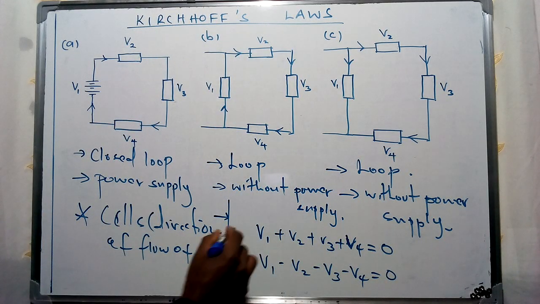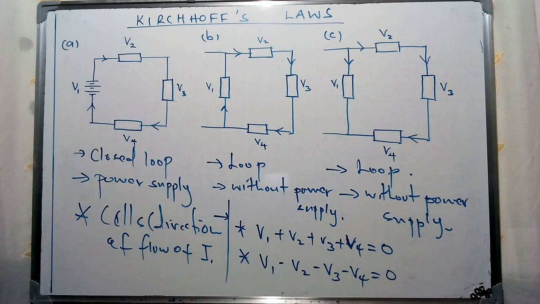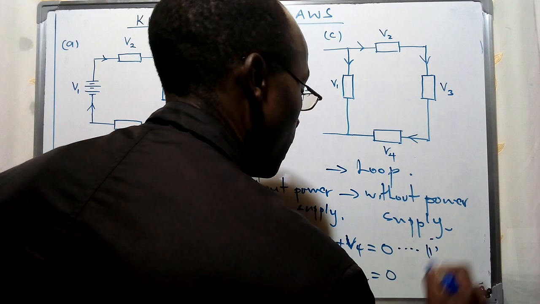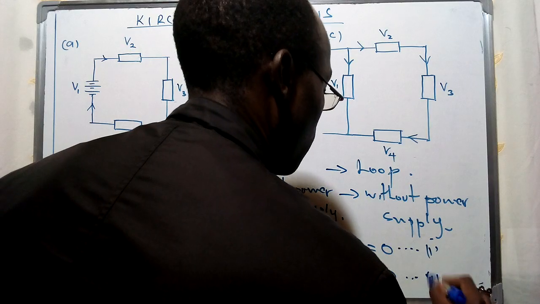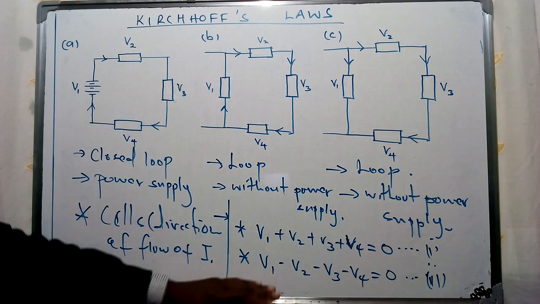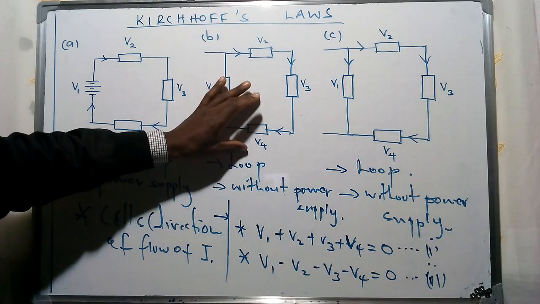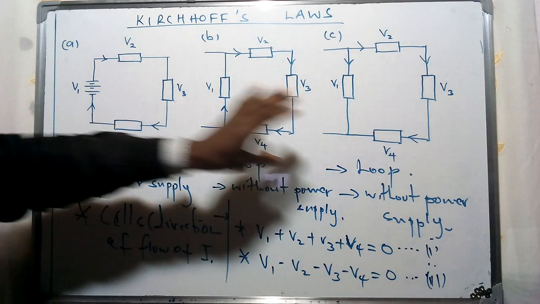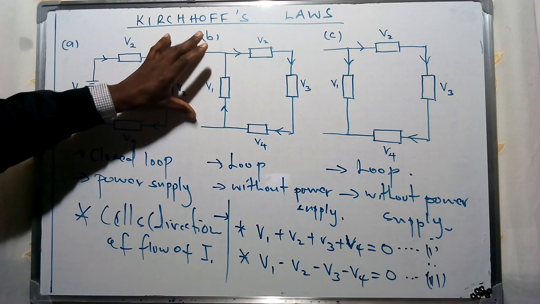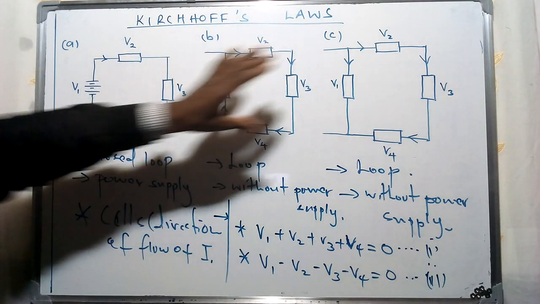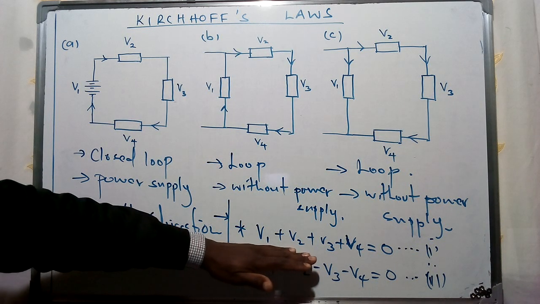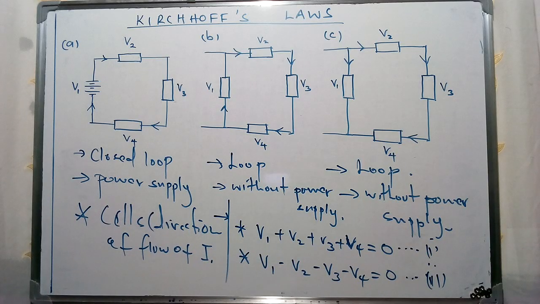Now, for these two specific conditions for the circuit, the correct circuit to obey the Kirchhoff second law, we are going to see that for the first case, we give this one as 1, and then give this one as 2 respectively. Now, for us to obey this Kirchhoff second law, for the correct circuit in this specific case for B and C, which we are assuming that the circuit has been connected to the external source, one of the values for the first condition has to be negative for it to obey Kirchhoff's law.